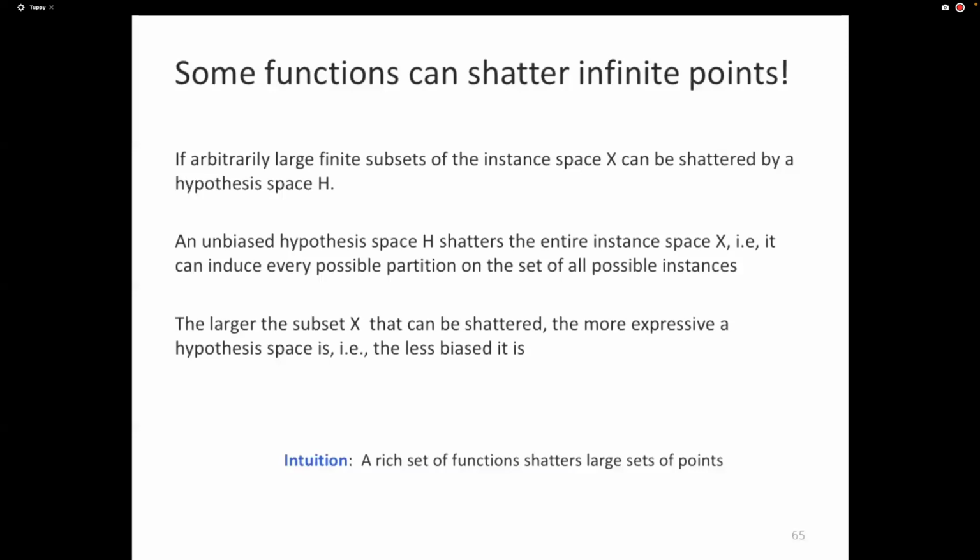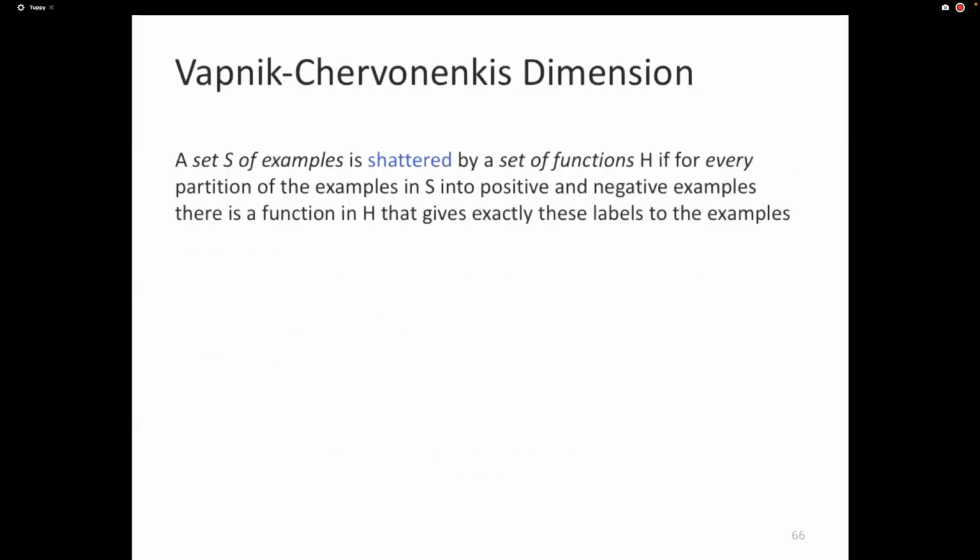Okay, I think we are now in a good place to introduce VC dimension. We have this definition of shattering.